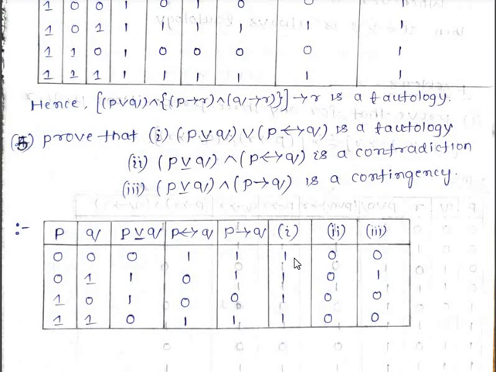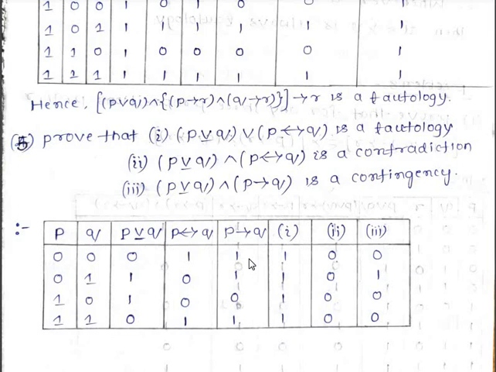Now in the first case we have to check P exclusive disjunction Q or P biconditional Q. We have to check this one and this one and do the disjunction.